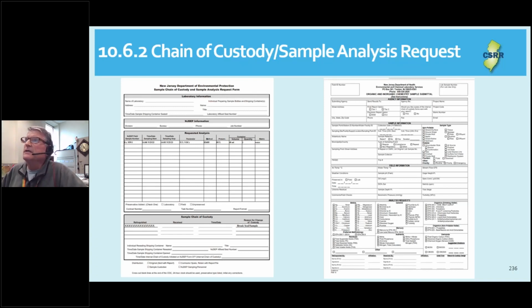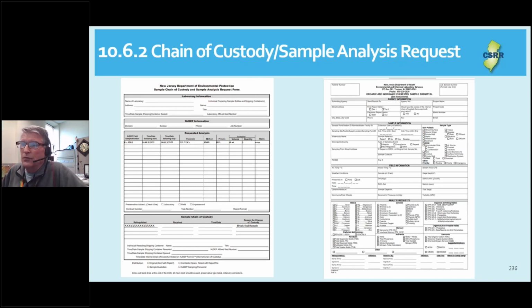Notice the top section of the left-hand NJDEP chain of custody. The laboratory information, time and date of the sample container that was sealed, laboratory seal number, person preparing the samples for shipment, specific NJDEP division, bureau, phone number, and job number are listed in the next section.